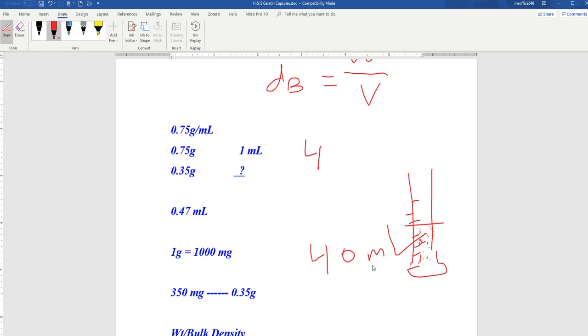Take the volume of the whole formulation, 40 ml, and divide it by the number of capsules you want to fill. 40 divided by 200 gives 0.2 ml. So each capsule will be filled with a volume of 0.2 ml.